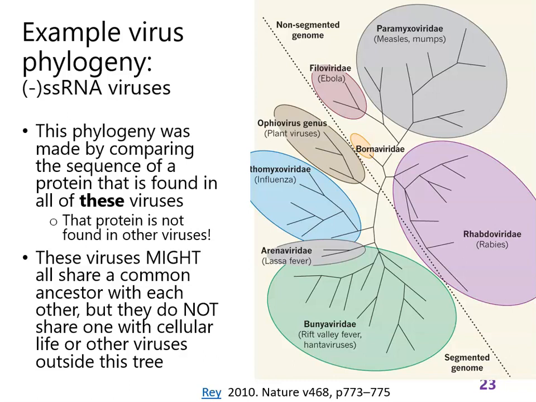And so I mentioned you can study evolutionary relationships between viruses, and here is an example phylogenetic tree of negative sense RNA viruses. It shows different virus families and how related they are to each other. On the one side, the segmented genome ones seem to be more closely related to other segmented genome ones, including Orthomyxoviridae, the family the influenza viruses are in, and arenaviruses, where the Lassa fever viruses are, which is like Ebola.